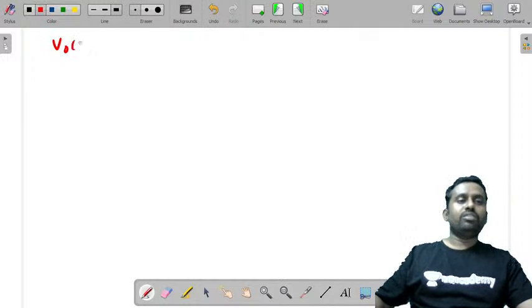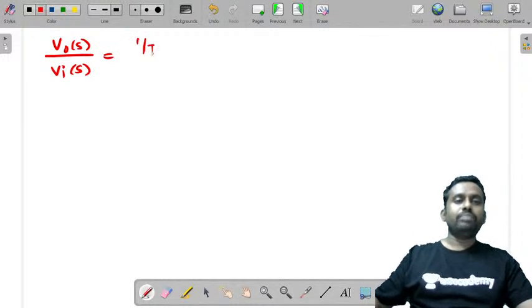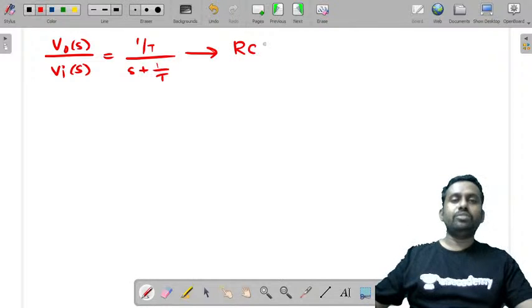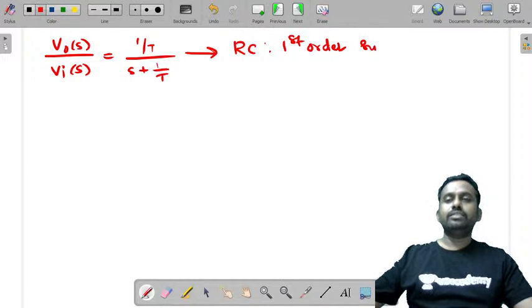So V output of S by V input of S is equal to 1 by T by S plus 1 by T. This is an example, or RC series circuit is an example of first order system.